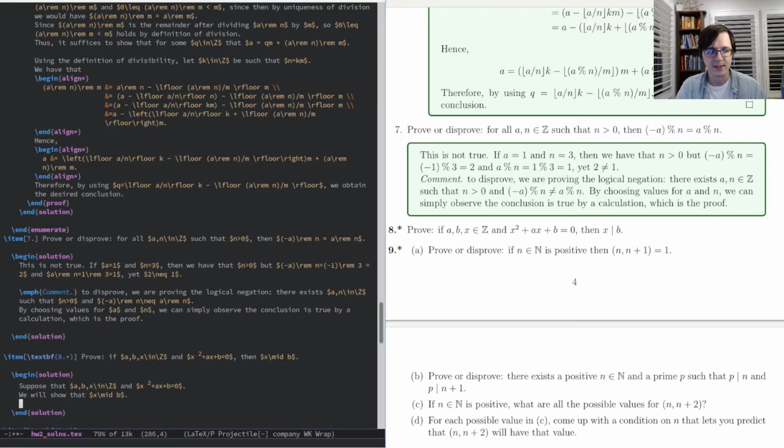Maybe that's useful. So b is minus x squared plus minus ax, which is equal to, well, there's a factor of x, that's probably important. So that's x times minus x squared minus a. Well, so that's the definition of divisibility.